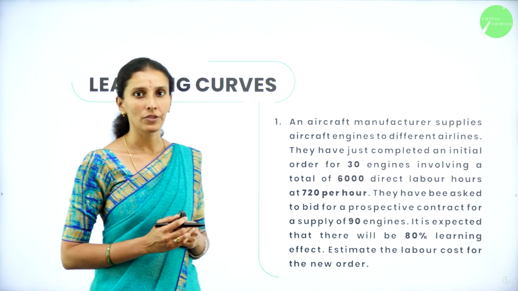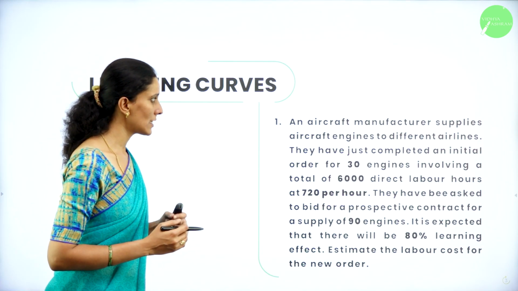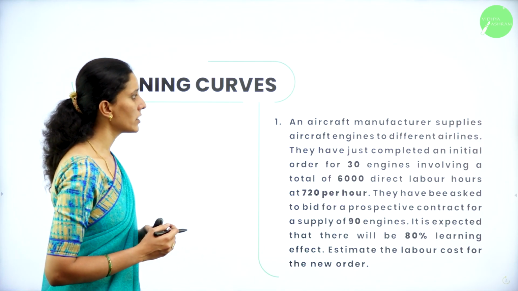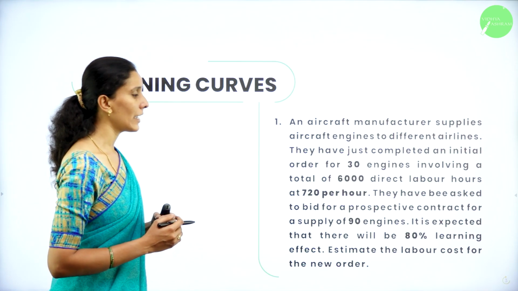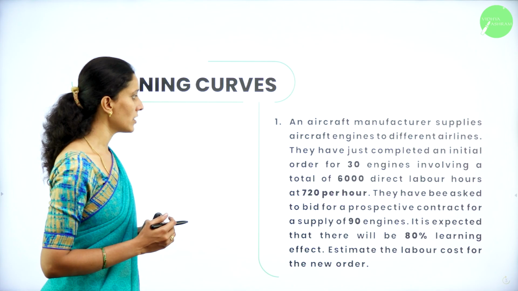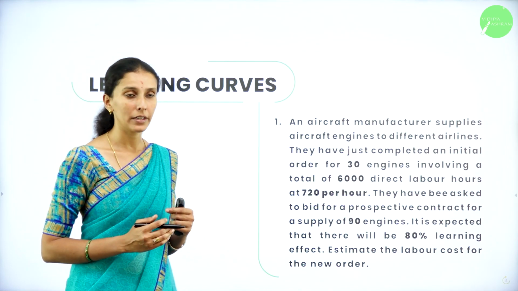First question of today's session: an aircraft manufacturer supplies aircraft engines to different airlines. They have just completed an initial order of 30 engines involving a total of 6,000 direct labor hours.